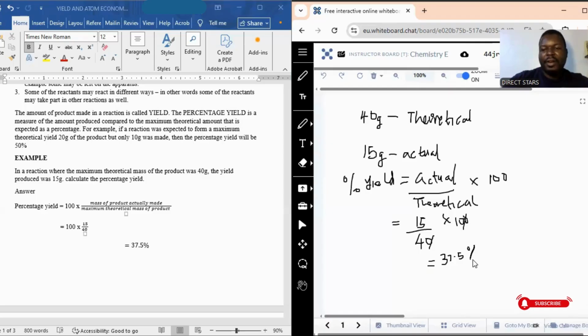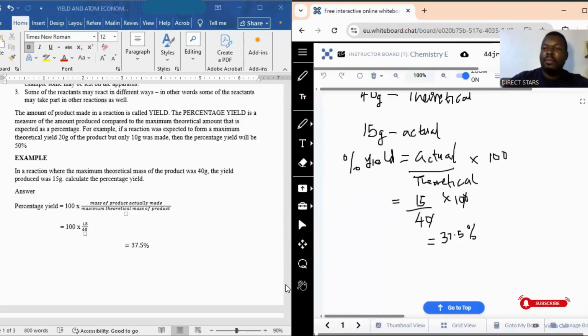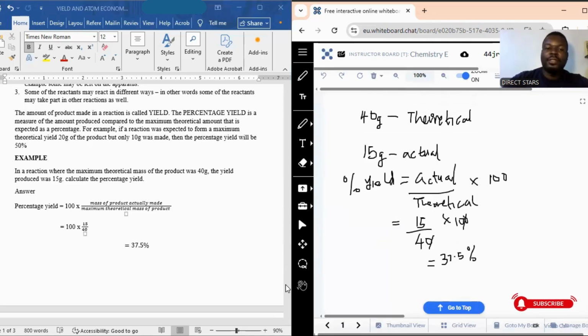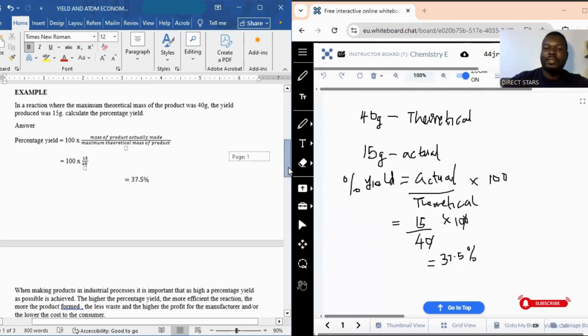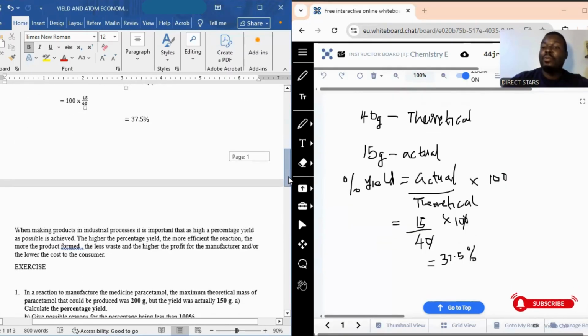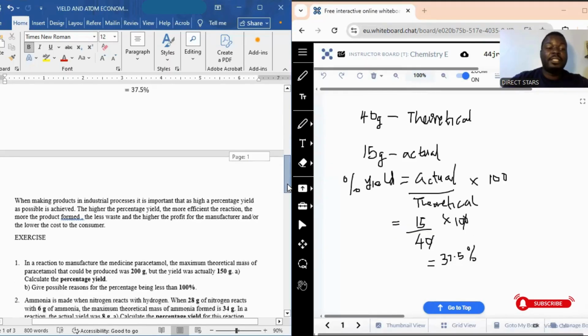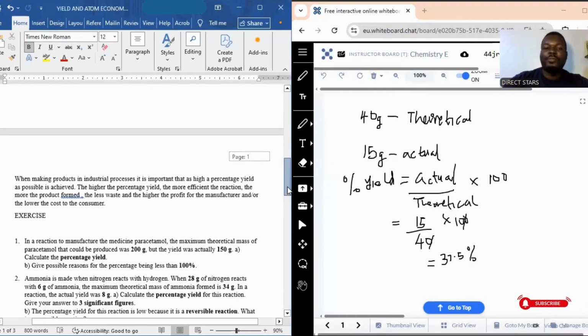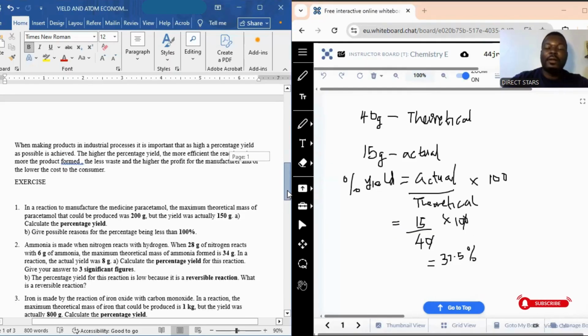So this is a very, very low percentage yield. Hence, the production manager or the production chemist will have to look for better ways or methods to improve the percentage yield of this particular process.